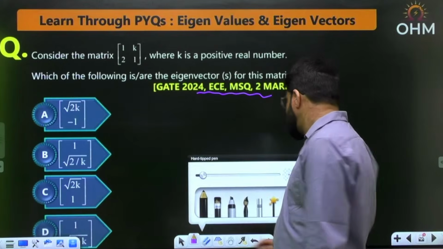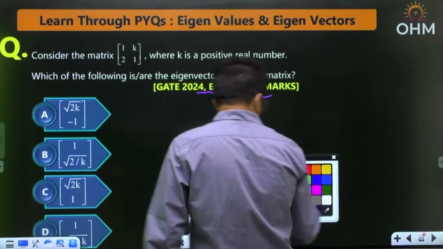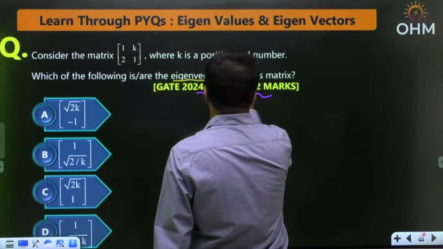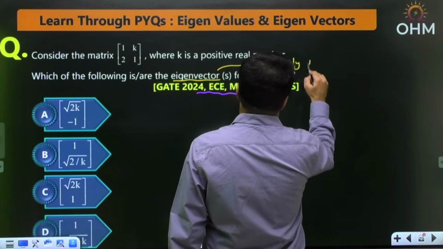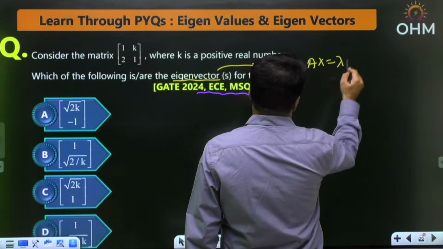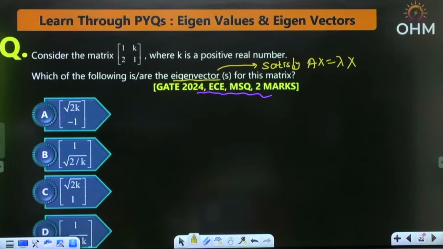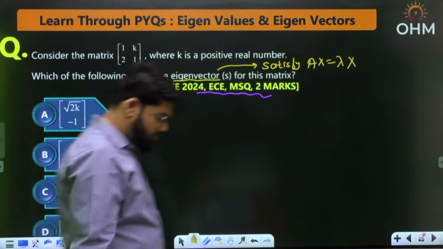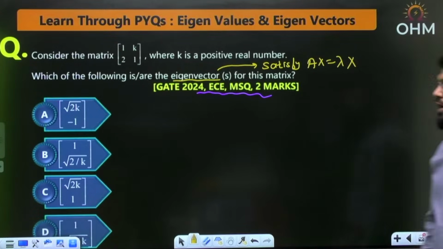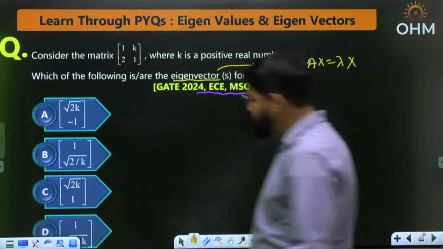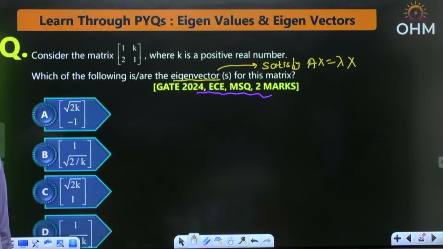See, again, whatever is the eigenvector, it has to satisfy Ax equal to lambda x.